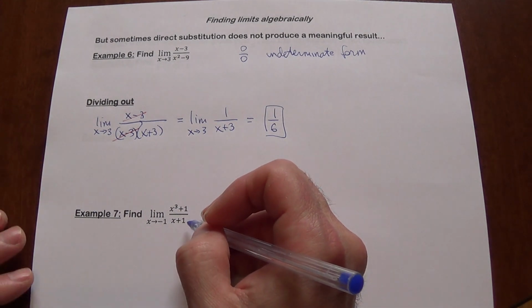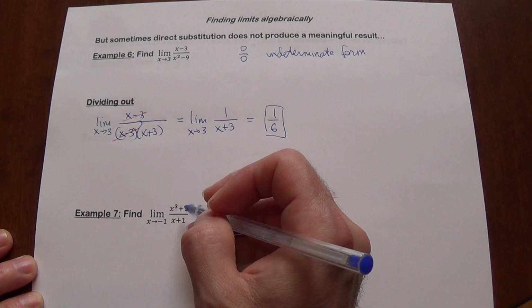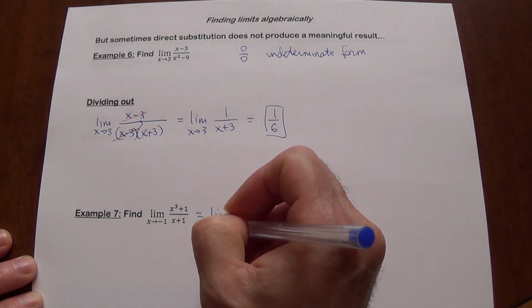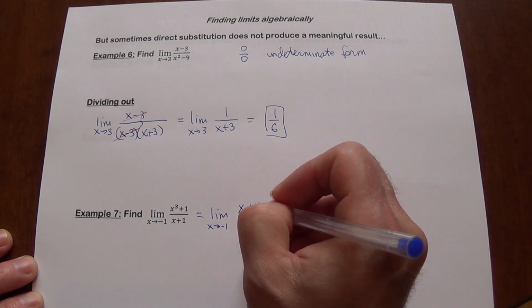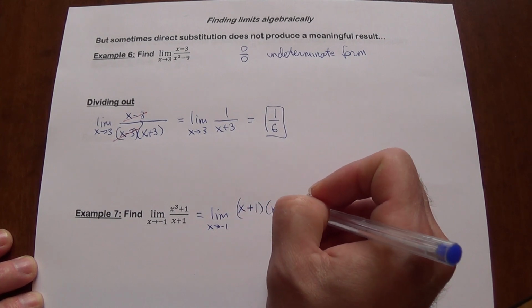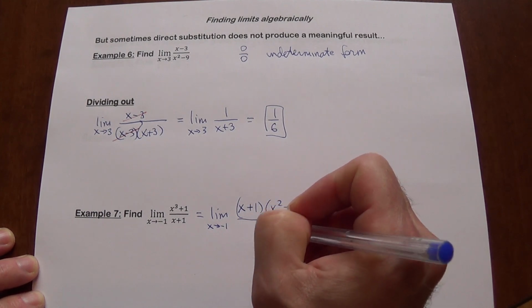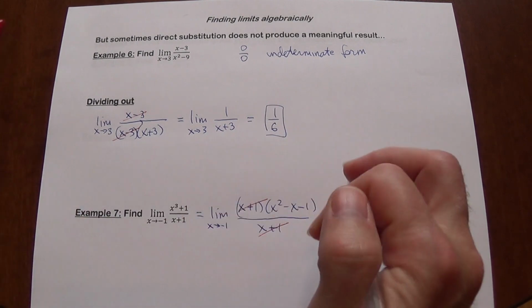So same thing over here. If you substitute negative 1, you're going to get 0 divided by 0. So what we are going to do is we are going to factor. So this is x plus 1 times x squared minus x minus 1 divided by x plus 1. X plus 1 can be crossed out.